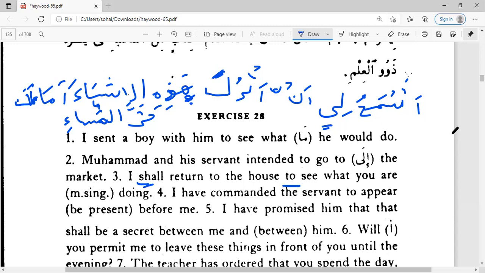Please just remember the vocab and do the questions, inshallah. After all these particles, it will always be present tense or future.